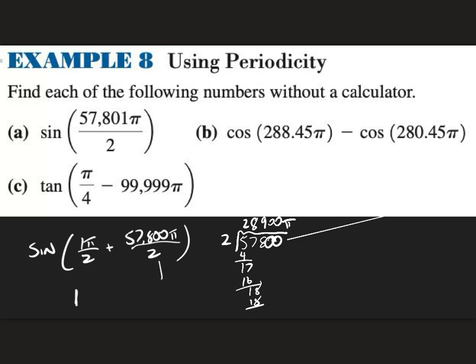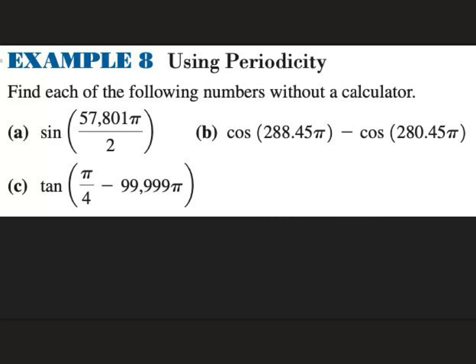So I divided the second fraction by 2, and this is a multiple of 2 pi. So that means we just keep going around. So the sine of pi over 2 is 1, so that is the answer. So the sine of this angle equals 1. Put that in a box, and that's our answer. Pi over 2 is 90 degrees.